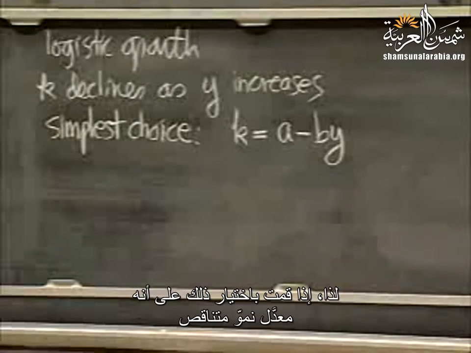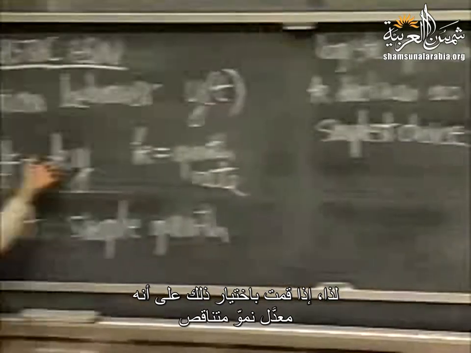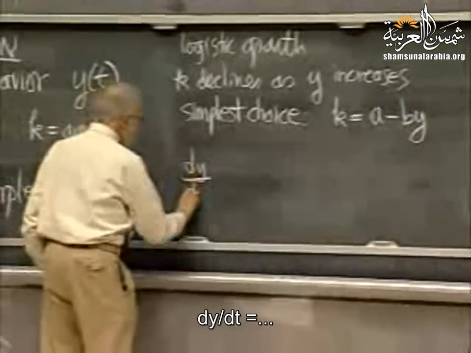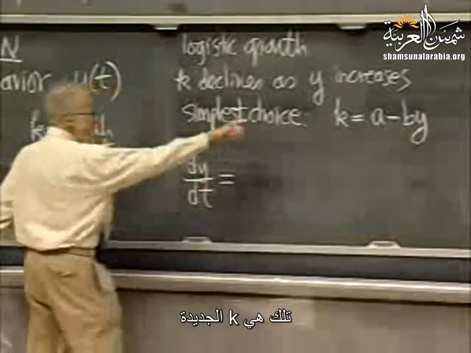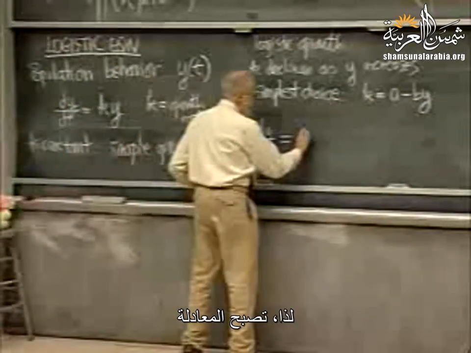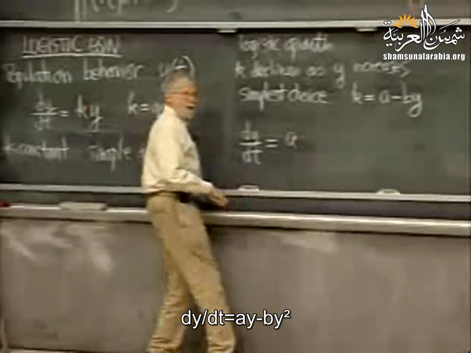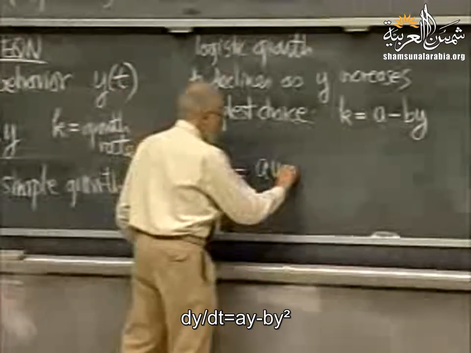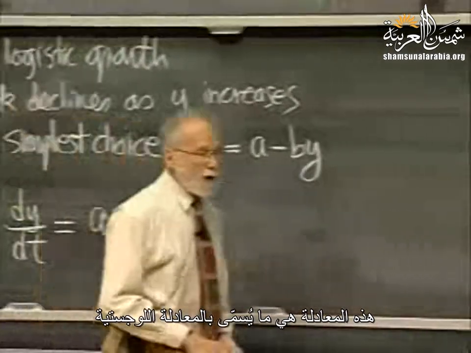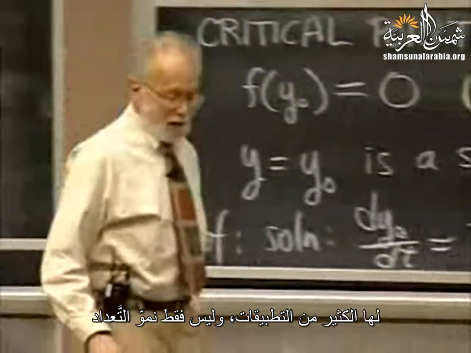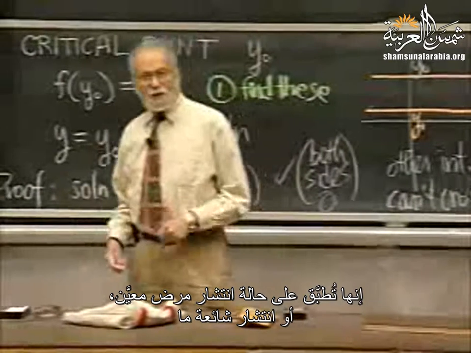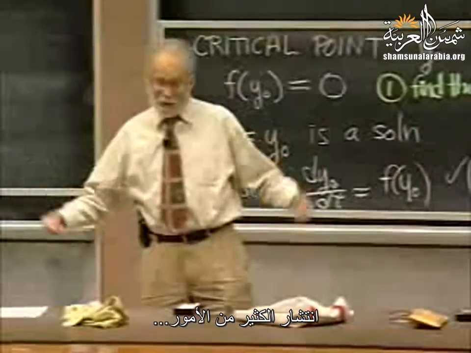So if I use that as the declining growth rate, the new equation is dy/dt equals (a minus b y) times y, or in other words, a y minus b y squared. This equation is what's called the logistic equation. It has many applications, not just to population growth. It's applied to the spread of disease, the spread of a rumor, the spread of many things.